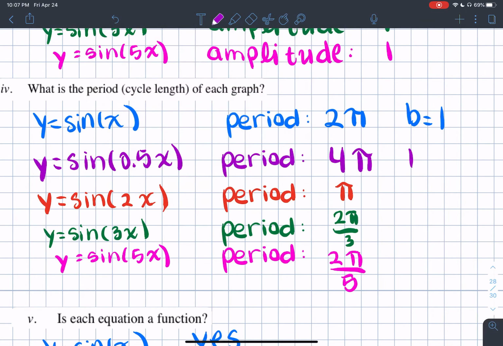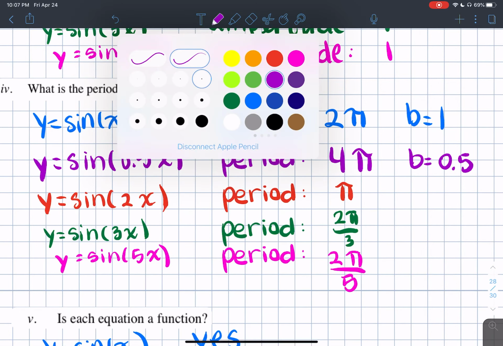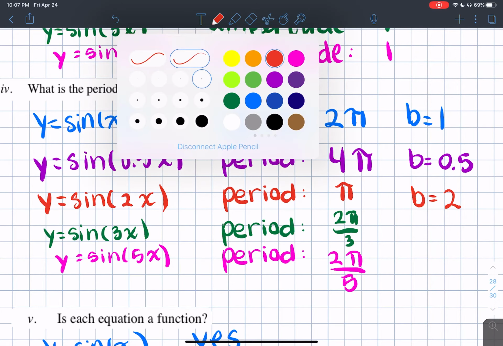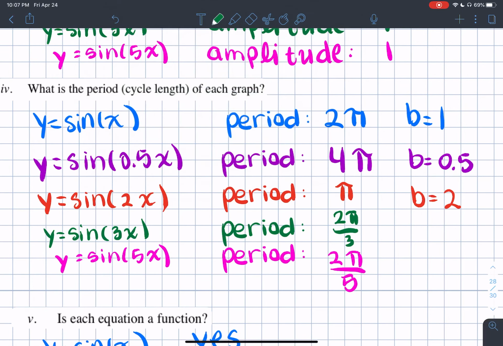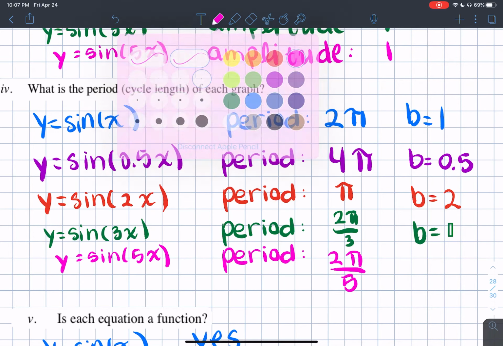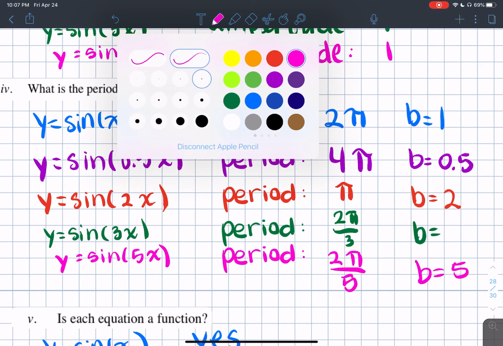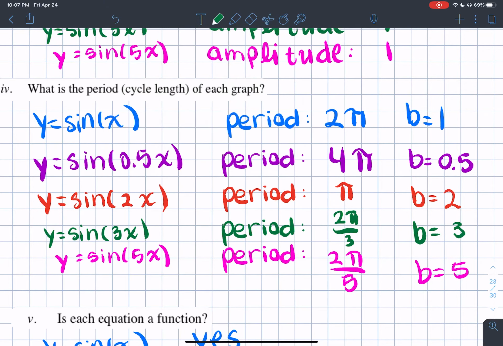Y equals sine of 0.5x has b value of 0.5. Sine of 2x has b value 2. Sine of 3x has b value equal to 3. And sine of 5x has b value equal to 5. So what is the relationship between this b value and the period of the graph? Pause the video to think about this now.